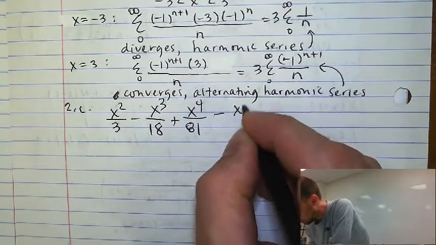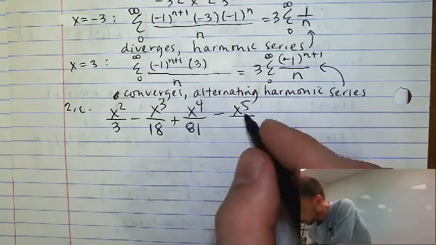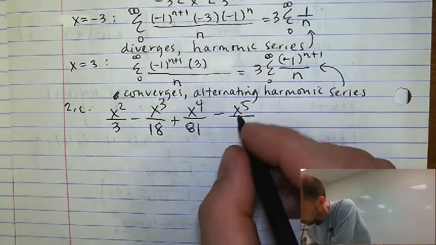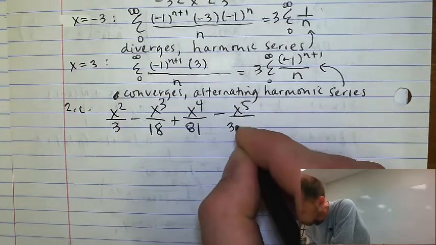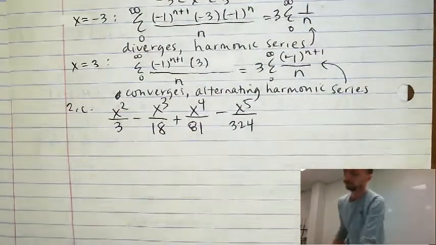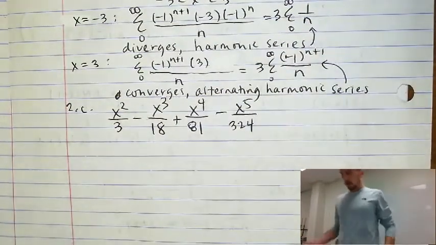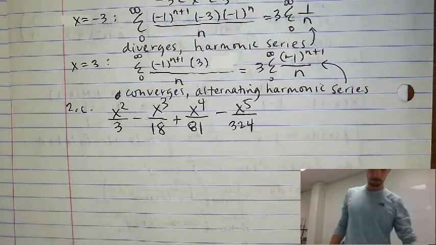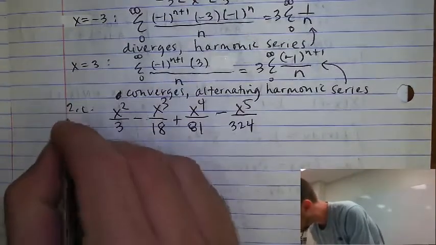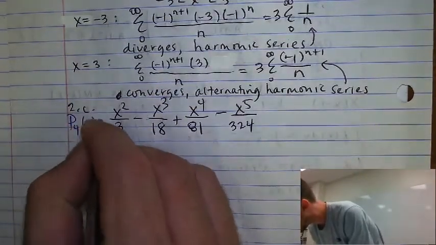Minus an x to the 5 over, 3 to the 4 is 81 times 4 is going to be 324. Okay, and when they talk about P4 of x, what they mean is the 4th degree Maclaurin polynomial.